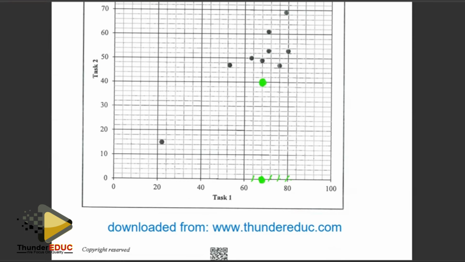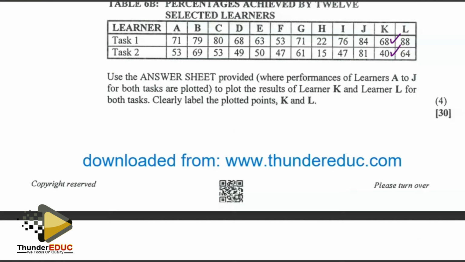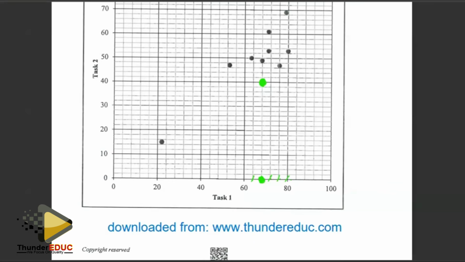So the next point for the other learner, L, is 88 on the x-axis and 64. So for 88, we said each line represents 4, so we are here. You're looking for 64. Ask yourself, 1, 2, 3, 4, 5. So here each line represents 2, because there's a difference of 10 and there are 5 lines.